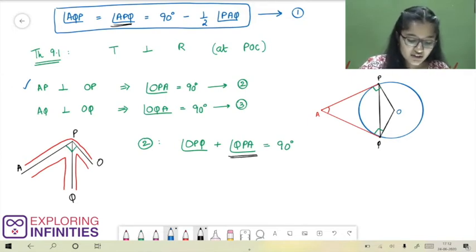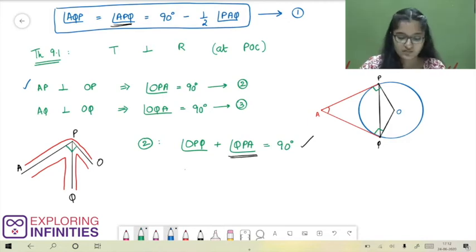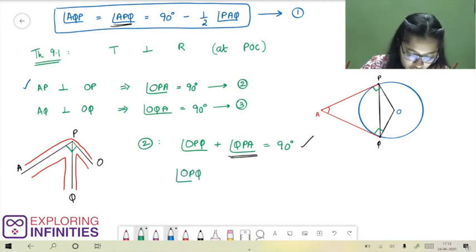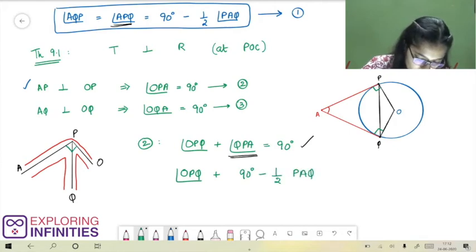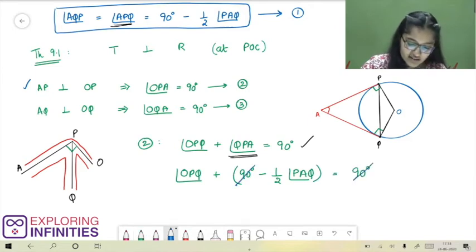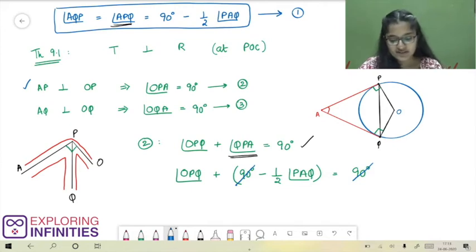So on substituting equation 1 in this equation, we will obtain angle OPQ plus 90 degrees minus half of angle PAQ is equal to 90 degrees. We can cancel 90 degrees on both sides.